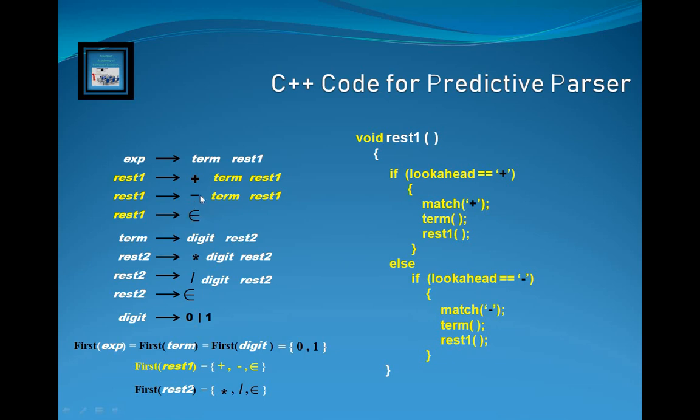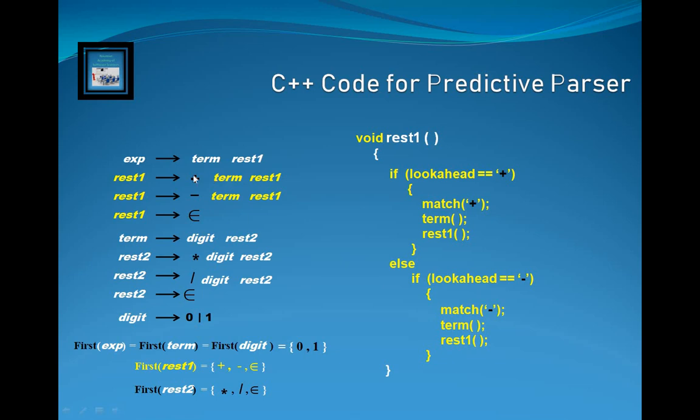Epsilon means that if we cannot implement the first production or the second production, there is no need to report a syntax error. The failure of implementation of these two productions just shows that rest1 is empty. Empty means you do nothing, and the control just goes out of this function.